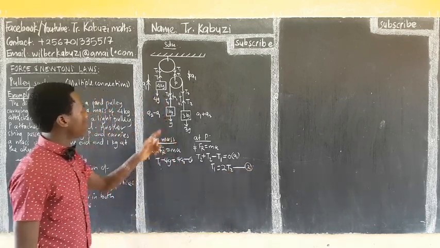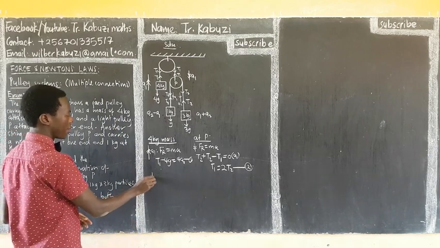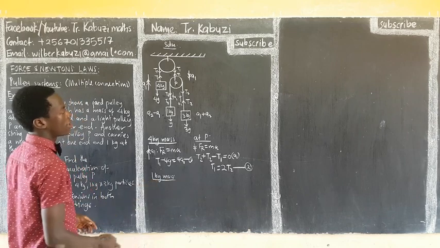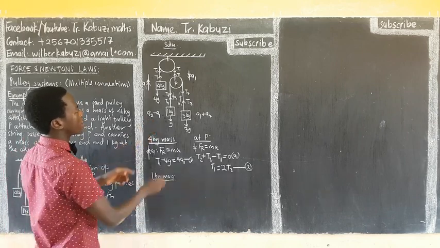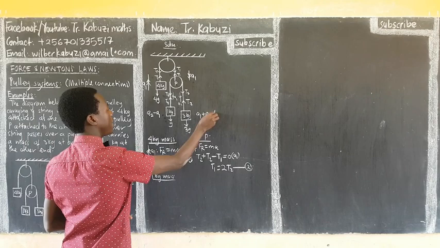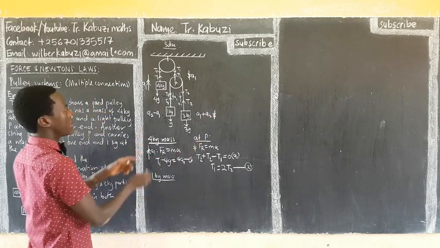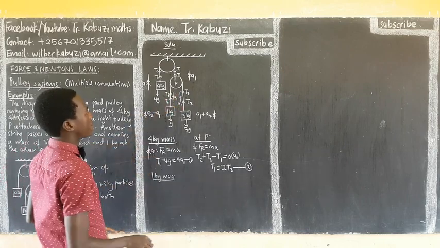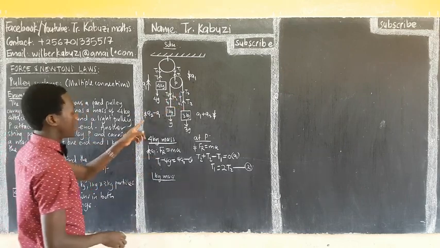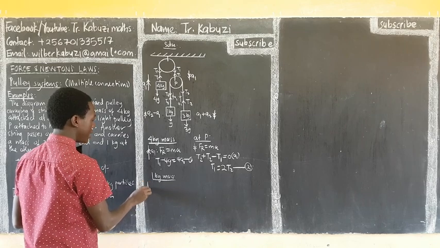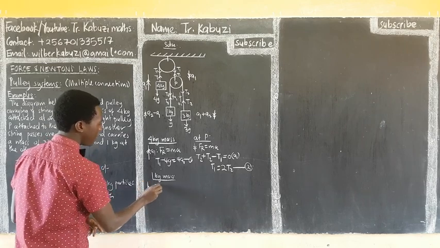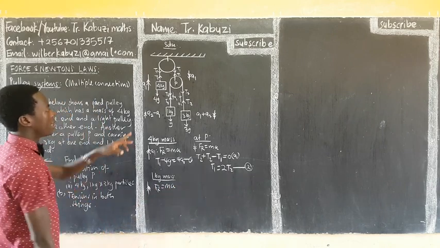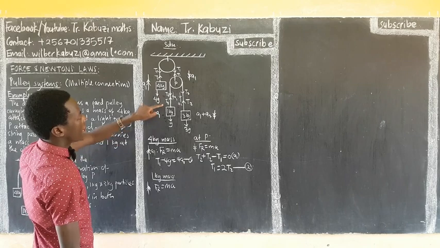Okay, so now when I come to the 1 kilogram mass, what's going to happen there? This one is going to be moving in this direction, but this one is going to be moving in that direction, relative to the point which is carrying them. So the resultant force, Fr, equals MA.